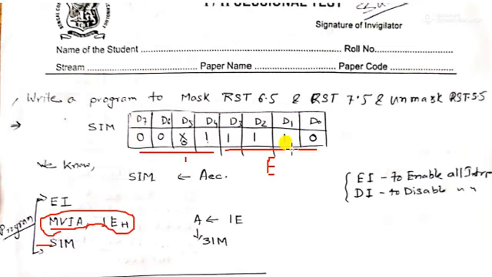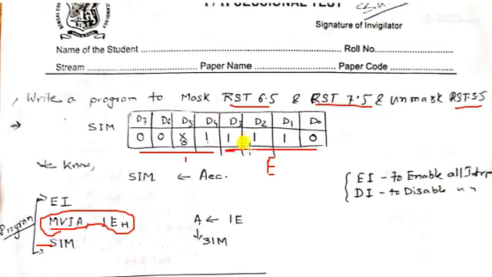the accumulator bit positions. And after getting the SIM instruction with this frame format, the processor will take the D0 bit and make it unmasked. So we need to unmask it. Getting D1 value 1, RST 6.5 will be masked. D2 bit is for RST 7.5.